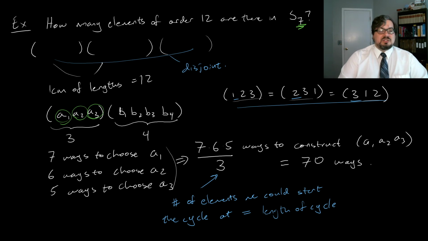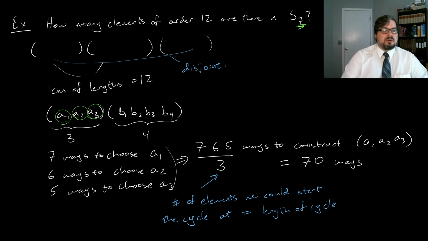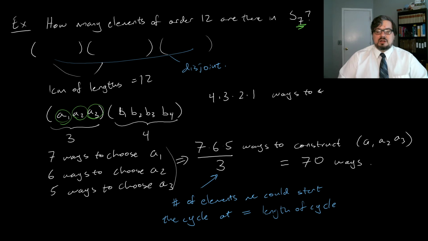So now let's use the same sort of logic with B1, B2, B3, B4. Once we've constructed our cycle A1, A2, A3, there are going to be 4 times 3 times 2 times 1 ways to construct B1, B2, B3, B4, because we've already used up 3 of our elements constructing our first cycle.